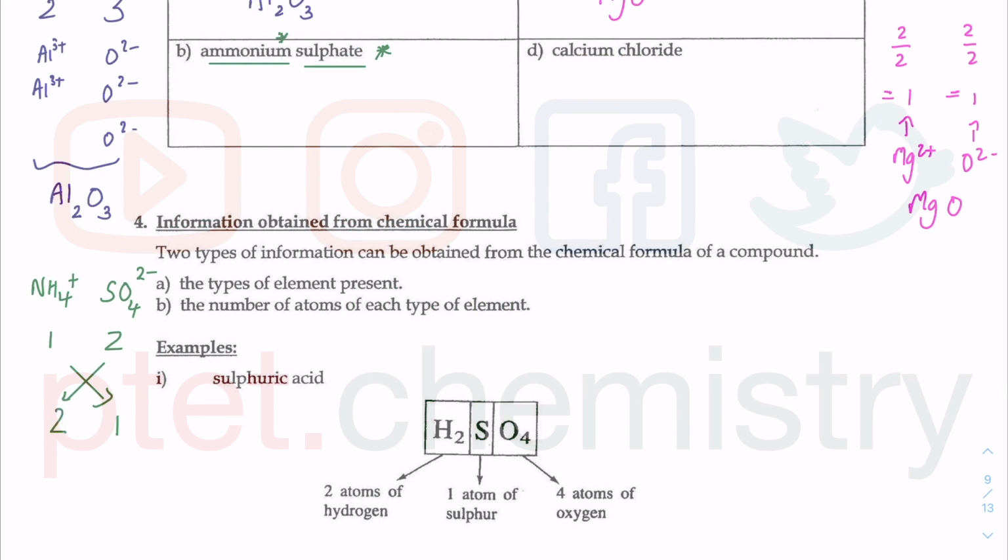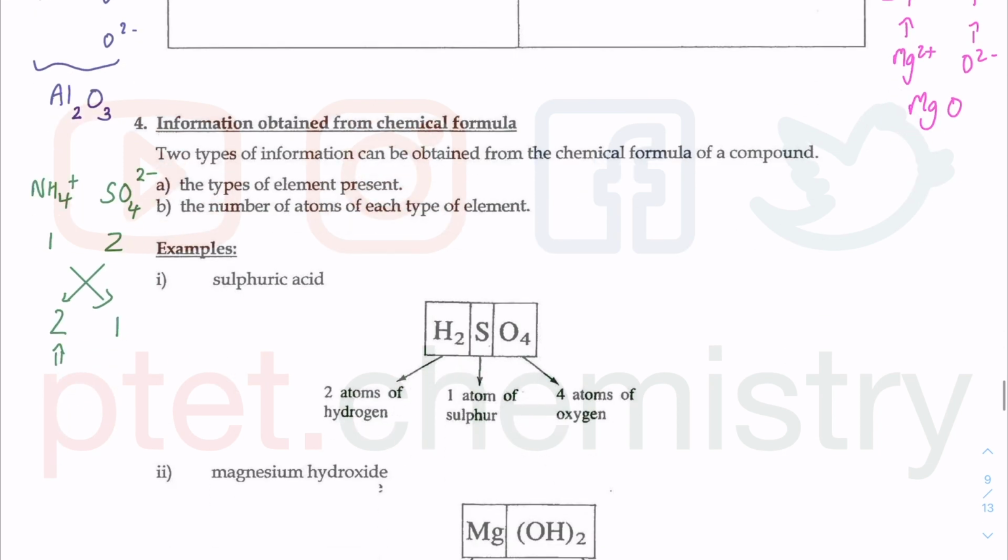What does this mean? This means there are 2 of this thing. So it's best if I write out 1 and then write down 2. That means I have 2 of NH4+ as per this number here, and there's 1 of SO4 2-. So what does this tell me? NH4, there are 2 of it.